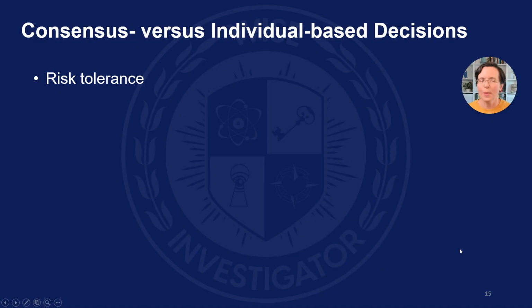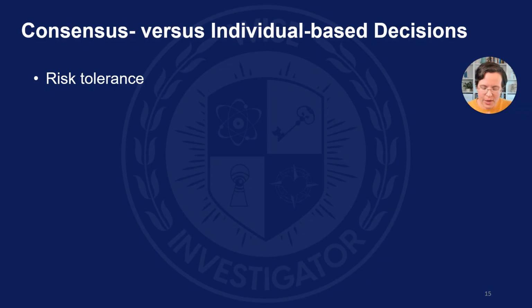Okay, so the big one here is risk tolerance. Whenever you have a group of people coming together and they are going to agree to something, that consensus is going to lean away from favoring risk, so a group decision is more risk averse than perhaps an individual-based one.